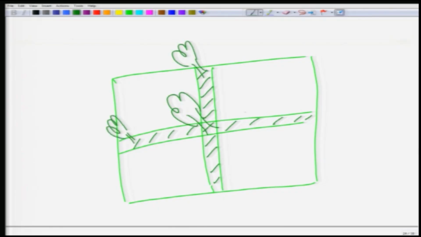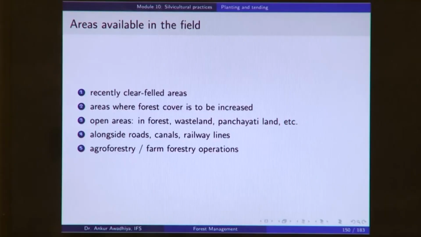So, this tree is not being planted to generate revenue, but it is being planted to meet certain small requirements, such as certain requirement of fruits, probably for self consumption or consumption of his family, or certain amount of fuel wood. So, these kinds of plantations in which the primary objective is agriculture and the secondary objective is to have a few trees to meet certain requirements is known as farm forestry.